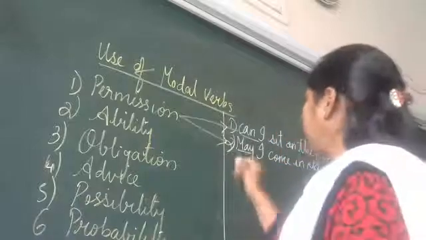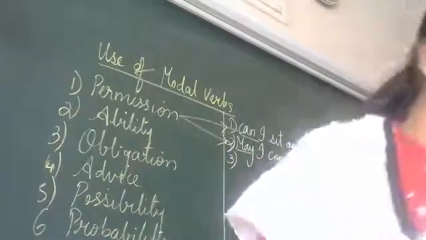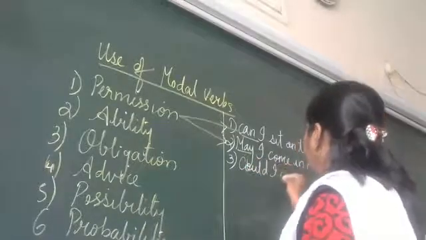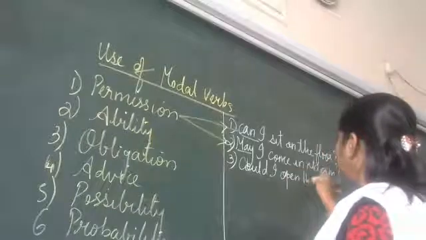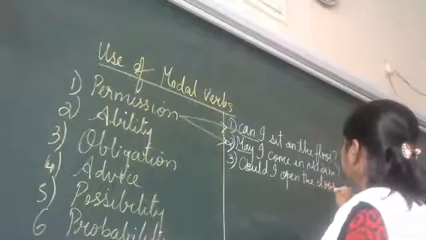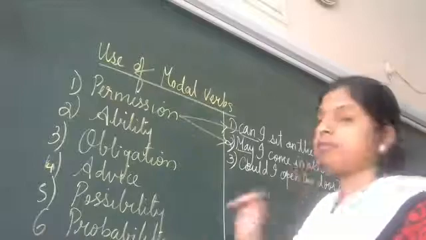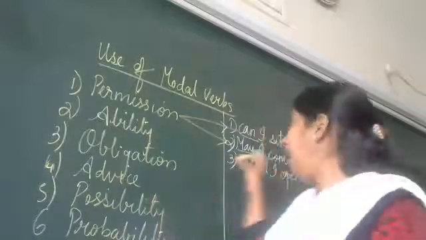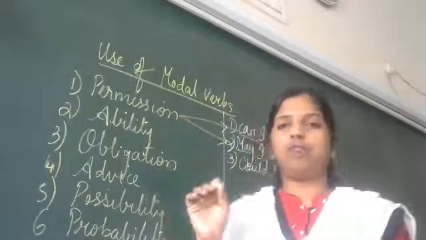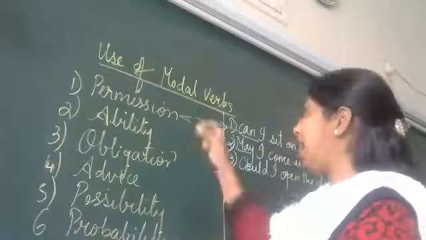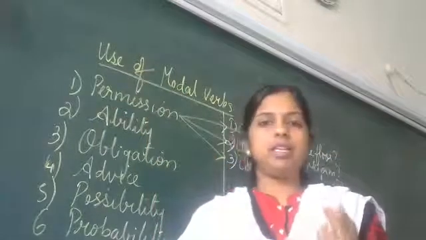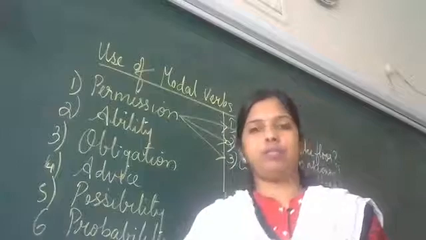One more is there: could. Could I open the door? Again, open is an action word, the main verb, and could is a modal verb. So here we have three modal verbs under permission: can, may, and could.